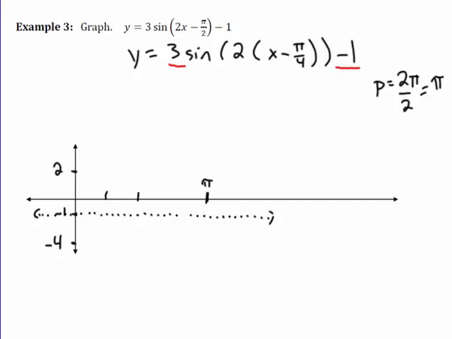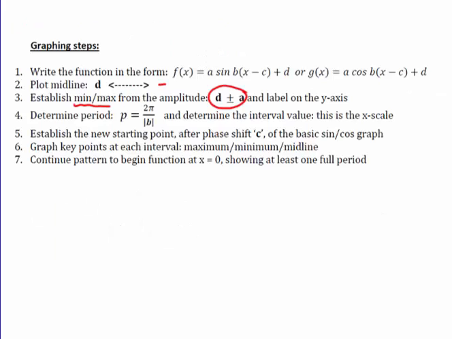Let's put those 4 intervals on. Halfway through would be pi over 2, which means we actually have a scale of pi over 4, and we can draw that in. There is our scale drawn for this graph. We now have our x-axis, our y-axis, and our midline all drawn in.